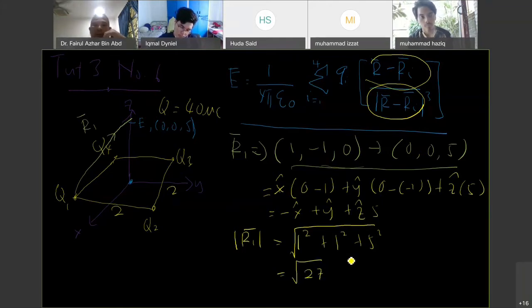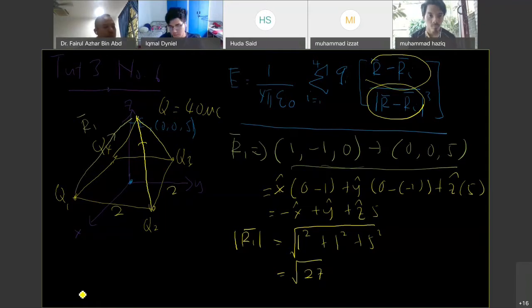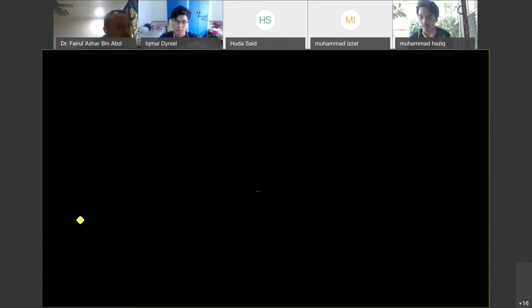Basically we need to derive the R vector expression for each charge, the vector representing direction and distance from Q2, Q3 and Q4 to this point. I'll just share what I did earlier. The notation might be a bit different from what I'm doing now.